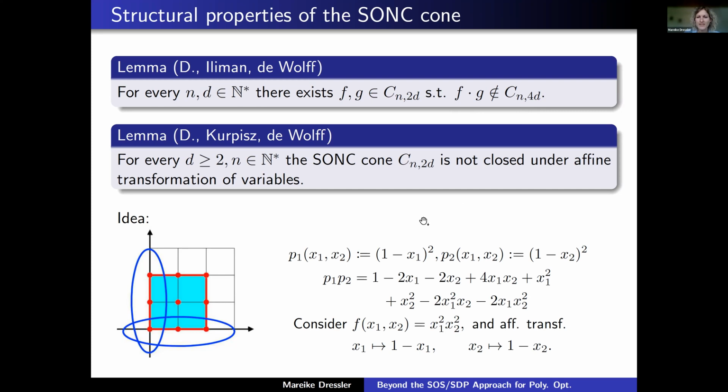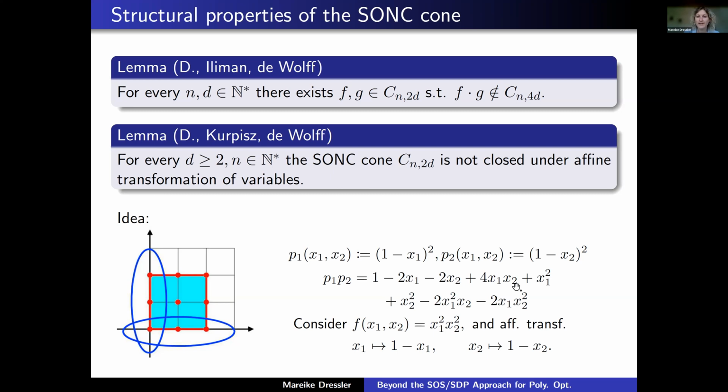You can see this, for instance, in the case n equals 2 and d equals 1. In this case, when you take the polynomials to be 1 minus x1 and 1 minus x2 squared, their support is given here. We can show that these polynomials are non-negative circuits.